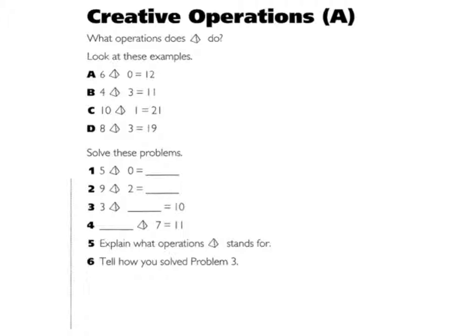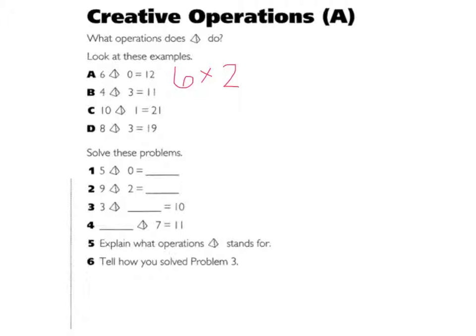So if we look at A first, what operations could the pyramid represent that would allow something to happen to 6 and 0 to equal 12? Well, I know that 6 times 2 equals 12, but what about that 0?